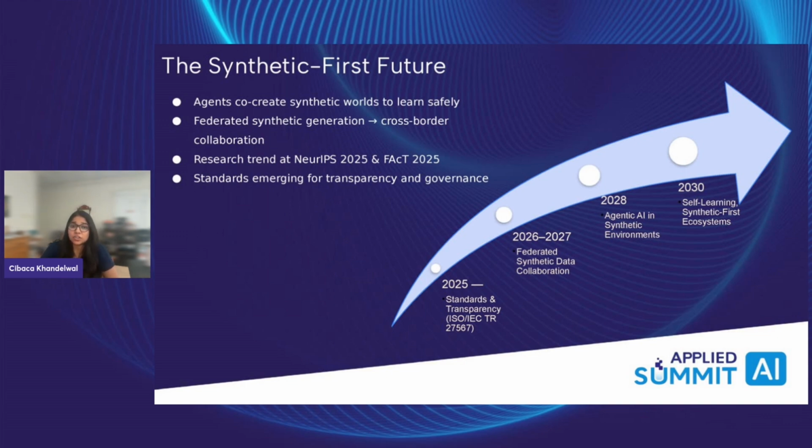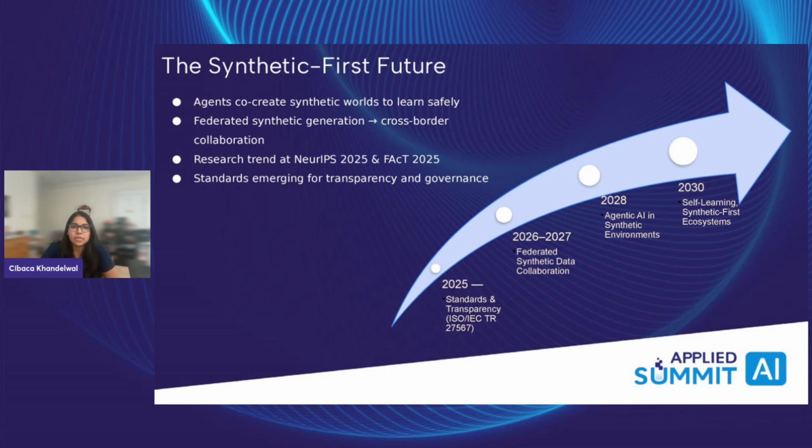Federated synthetic generation is a very important concept which lets teams collaborate across borders without moving private data and while maintaining privacy. Lots of research at major AI conferences such as NeurIPS and FAccT 2025 shows how transparency standards are emerging for generated datasets. The goal is not to replace reality, but to extend how we explore training models in a safe and controlled environment before deploying them to the world.